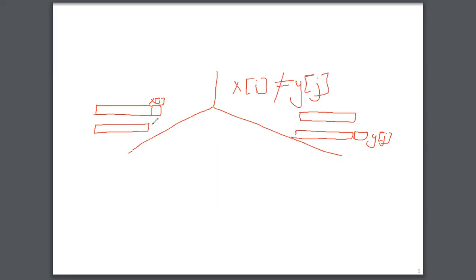So either you can remove the last character of y or the last character of x. We are only focusing on these substrings. The string lengths here are I and j minus 1, and I minus 1 and j.